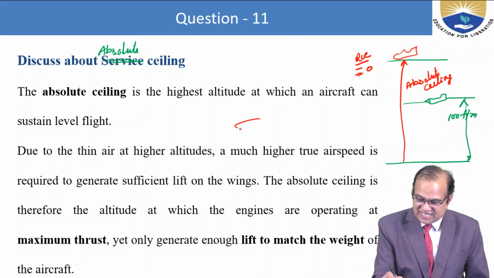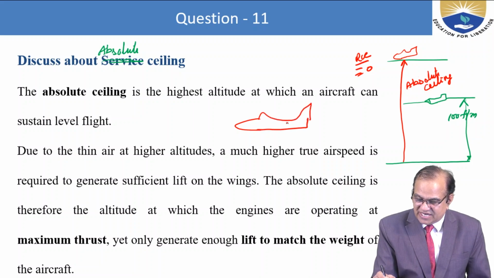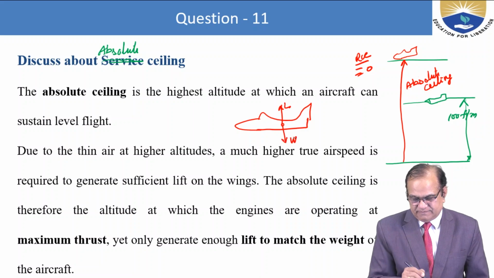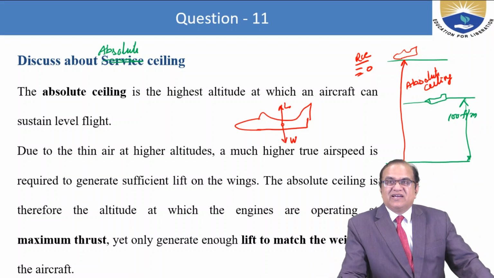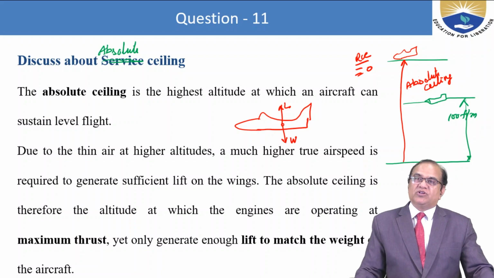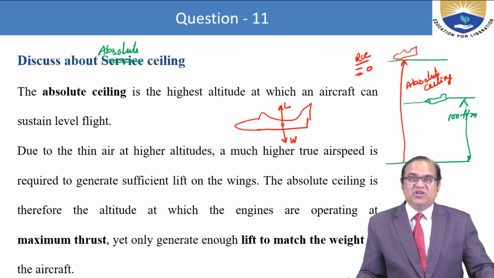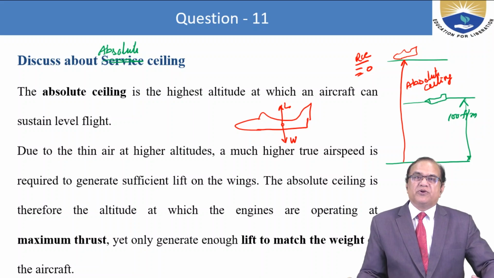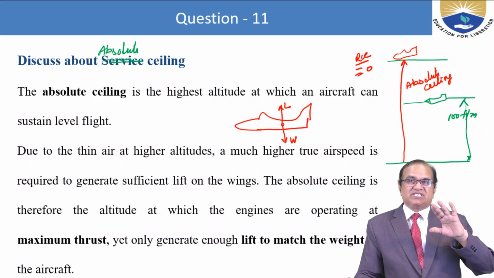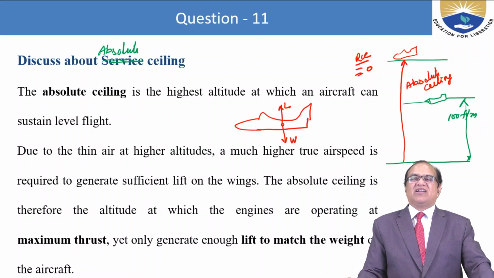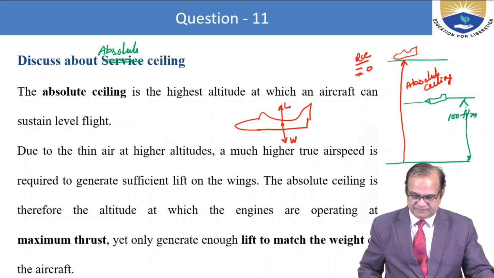So in this condition, at the ceiling your aircraft will be generating the lift L, which is equal to the weight only. For the climb we need lift to be more than the weight. So your aircraft cannot go beyond the ceiling because your engines are not able to produce the power. Excess power is 0. That point is called the ceiling.